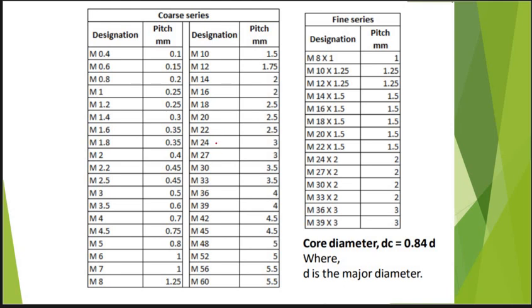So we have already discussed this table. These are some of the major diameters of the bolts available in the market. M0.4 is a 0.4 nominal diameter, M0.6 is 0.6 nominal diameter. So when we are identifying a bolt size, we have to choose from this data.